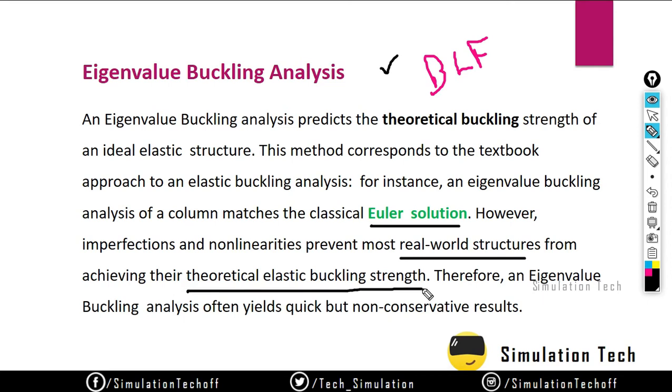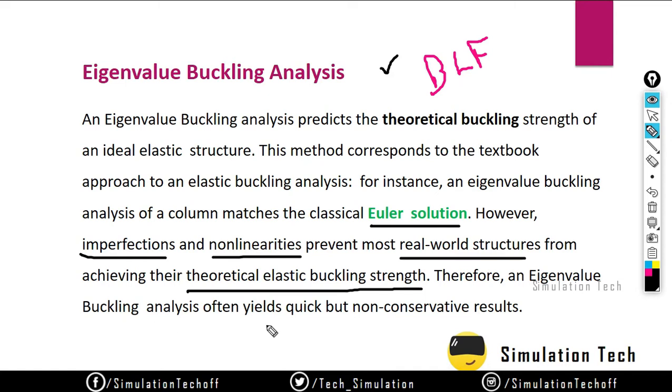What is said here is that real components or structures may include some surface irregularity and material non-linearities, so they don't behave like the theoretical value. When you are doing a linear analysis, your accuracy may decrease.